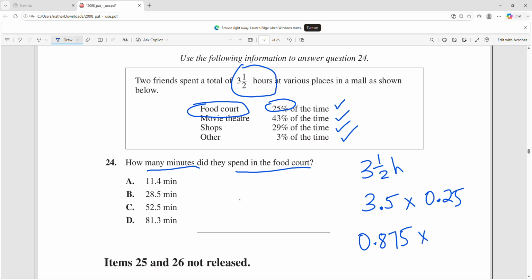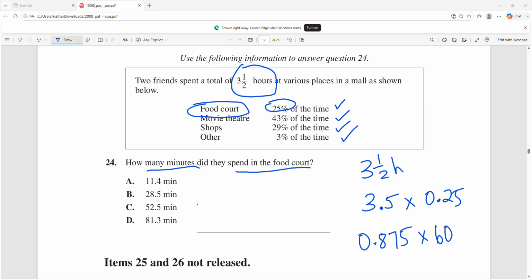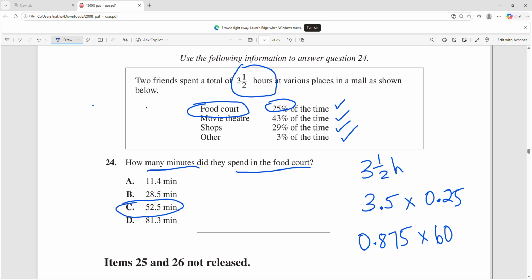So we're going to multiply by 60 to get the number of minutes. 0.875 times 60 is 52.5 minutes. And there it is, 52.5 minutes. This was hours. Okay, let's move on.